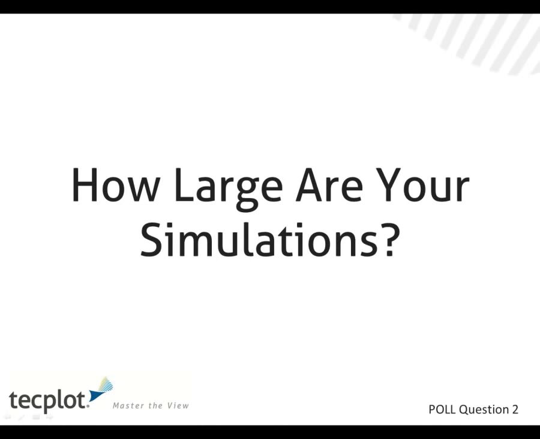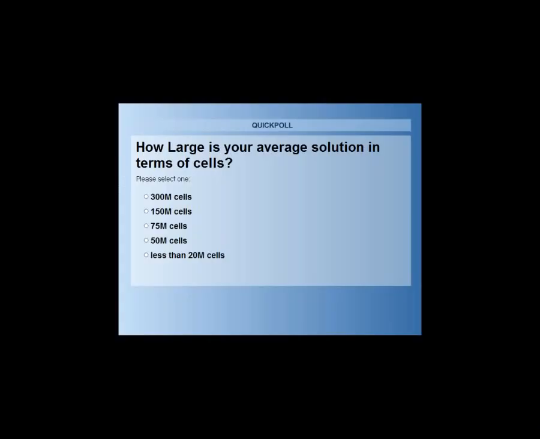So in that context, we just want to get a sense, for the audience, of how large your simulations are. We're going to look at the next quick check-in here. The poll is open. If you could quickly vote, on average, how big are your data?